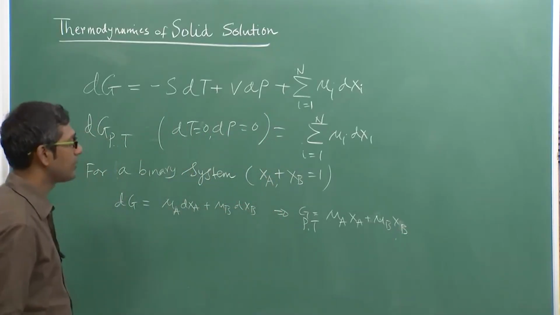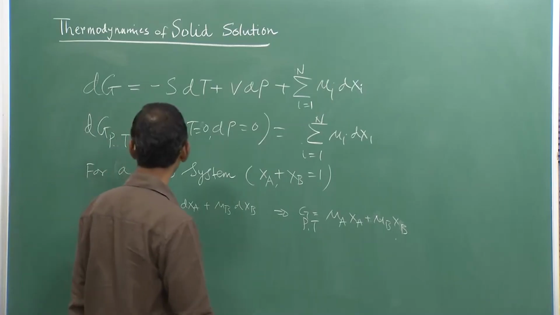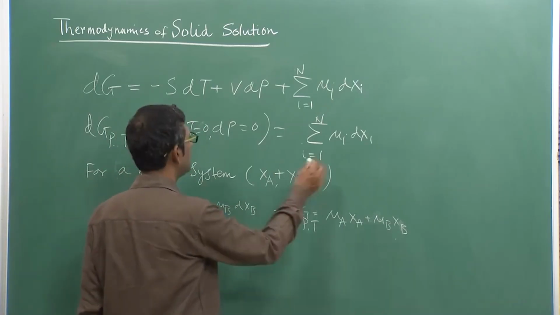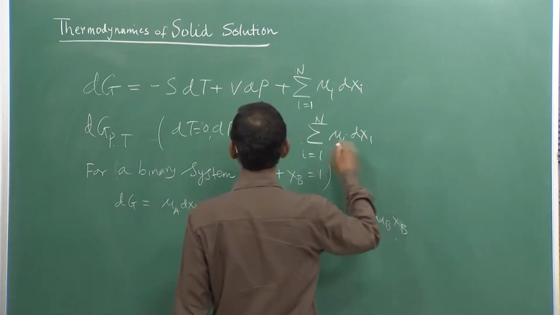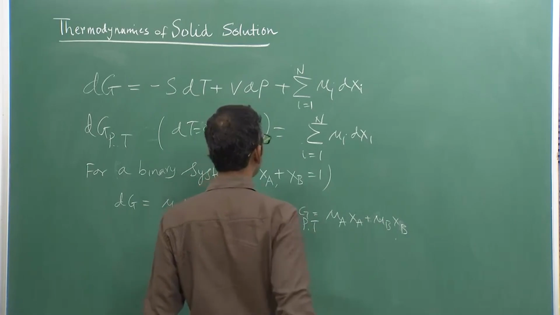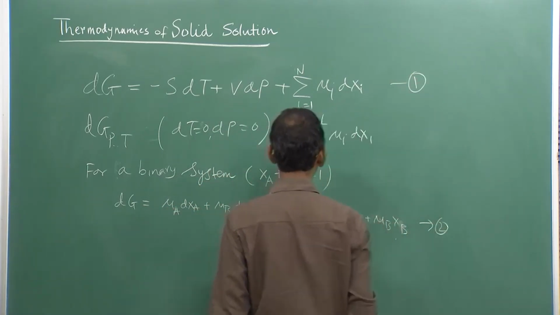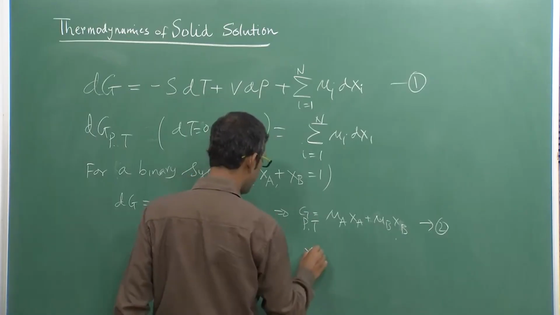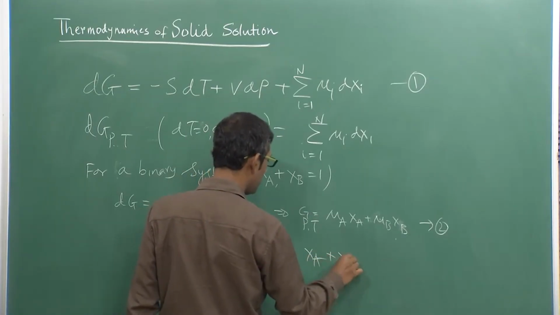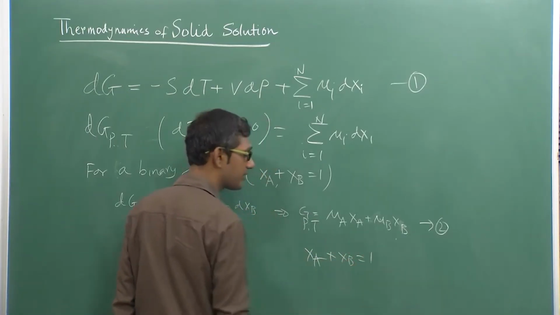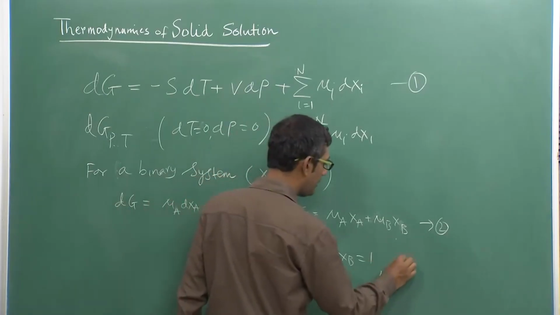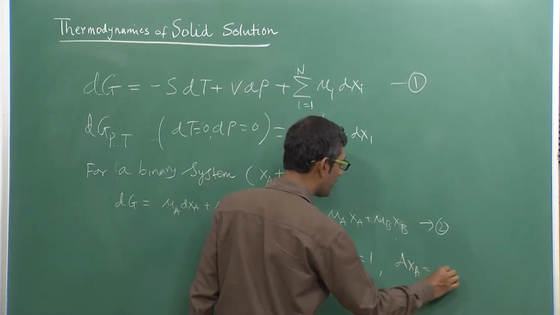Now using these 3 things: the fundamental equations at the top, equation number 1 and equation number 2, as well as the condition that xa plus xb equal to 1 in a binary system, therefore dxa plus dxb equal to 0, since 1 is a constant, so dxa is equal to minus dxb.